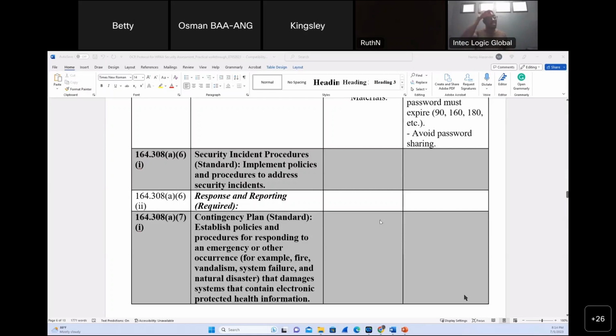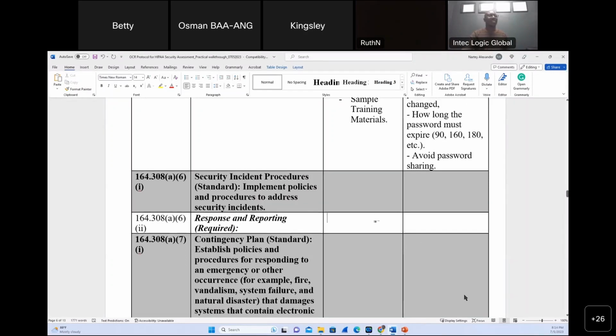Good. Let's continue. So the next one is security incident procedures, right? And under that we have response and reporting, right? Incident response and reporting. So what document do we want to see here that tells us about how the organization responds to incidents and also reports on incidents?